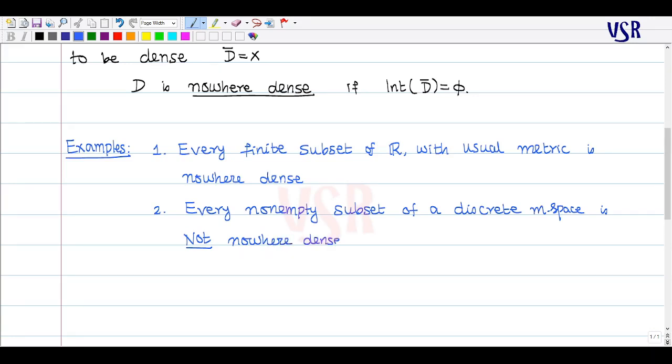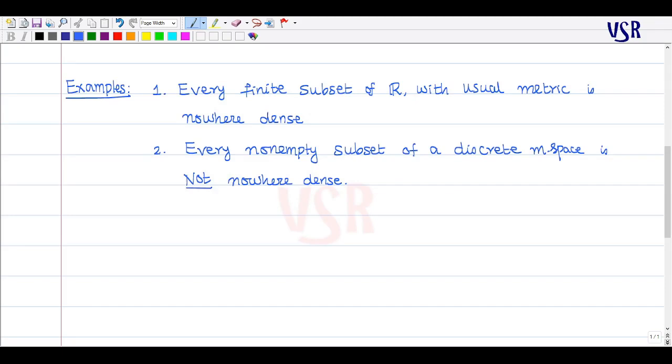Take any D, a subset of the metric space, which is non-empty, so it is not equal to the empty set. Then the interior of D closure is equal to the interior of D. Why? Because D is closed.